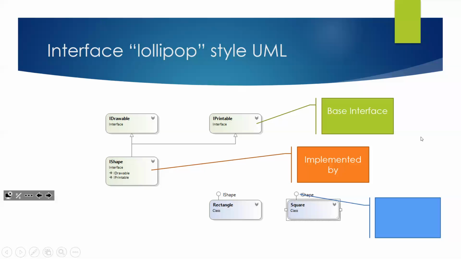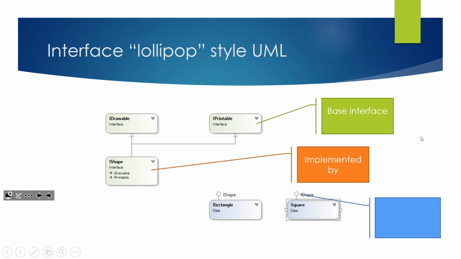And then in our book, they talk about a class of shapes. And they create an interface for drawable shapes and printable shapes. Those are our base interfaces, just like base classes. And then they use that to develop an iShape interface.